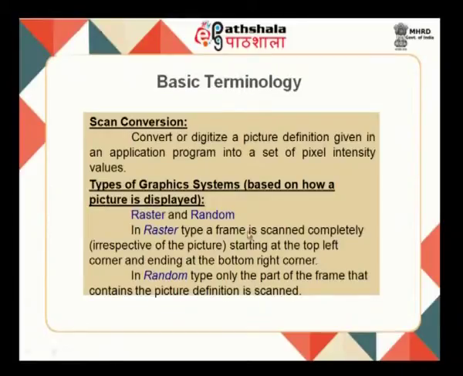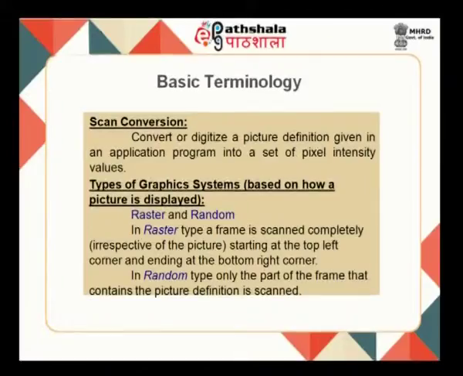In raster type, a frame is scanned completely, starting from the top left corner and ending at the bottom right corner. So, in a raster graphics system, the screen is drawn starting from the top left corner till the bottom right corner without bothering about whether there is some picture to be drawn in between or not. It just starts scanning right from the top left corner till the bottom right corner.